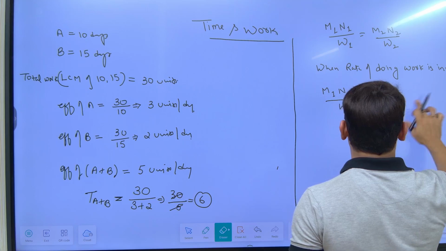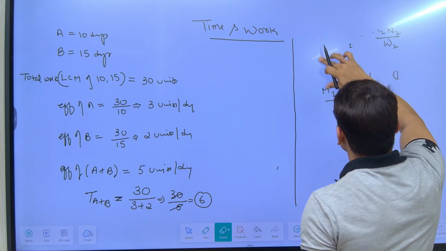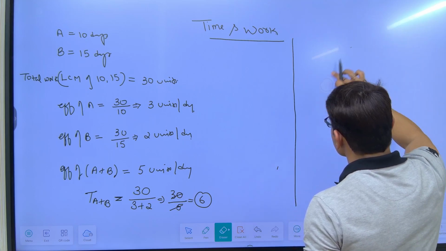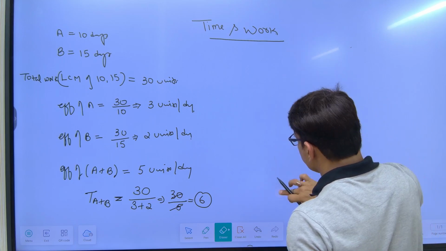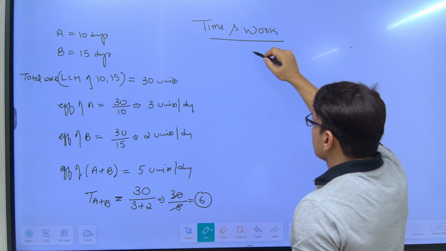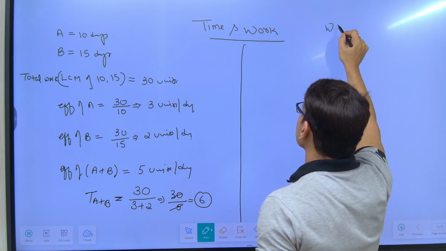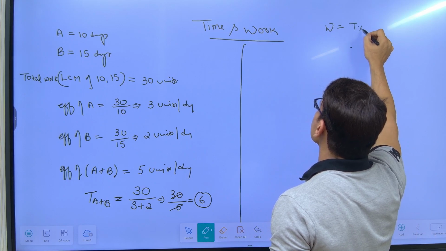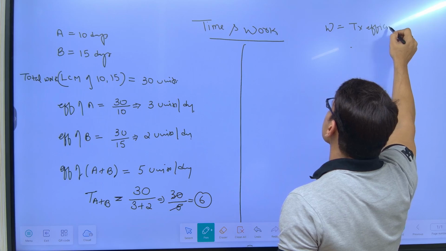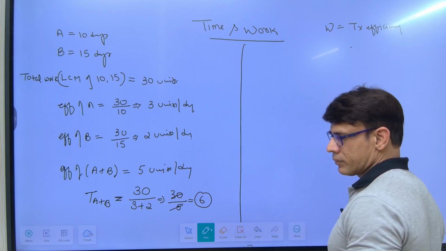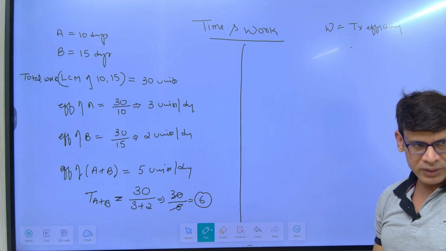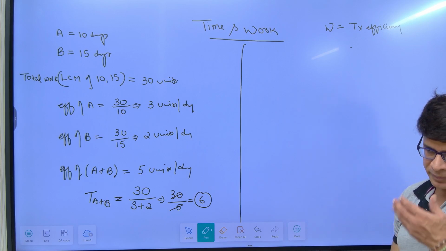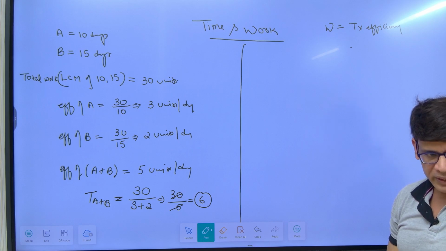How do you define work? What is the formula for work? Work is time into efficiency. Yes, work is nothing but time into efficiency, and work is constant.